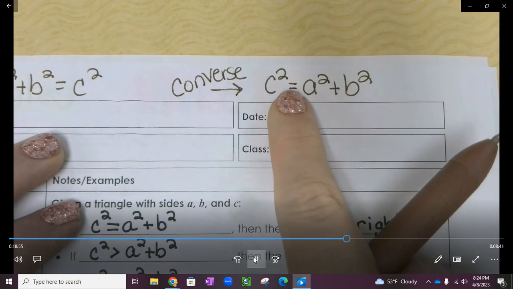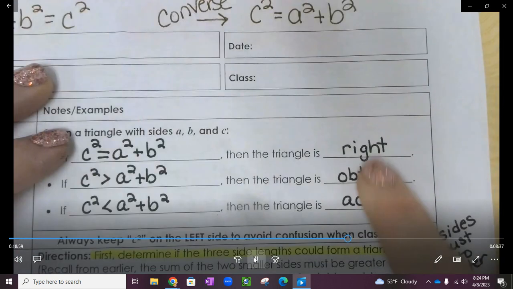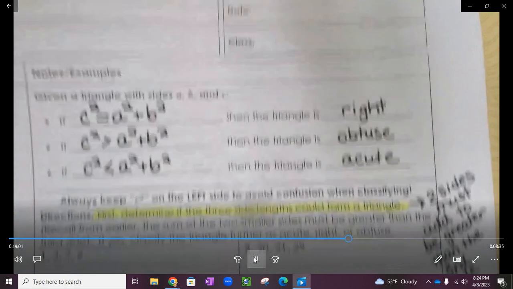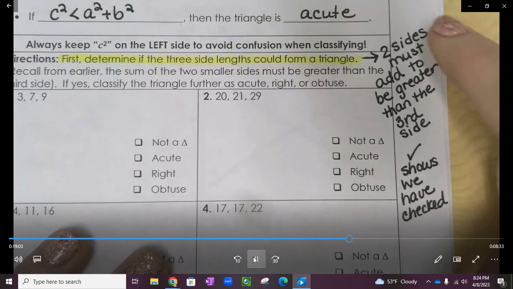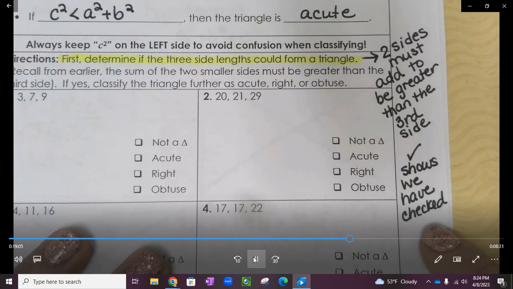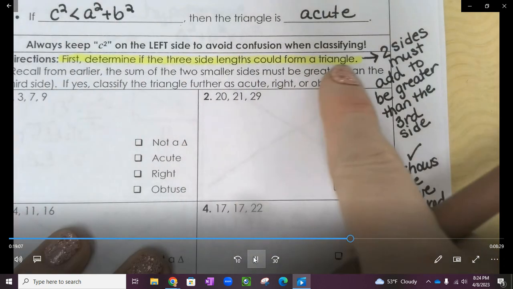Then we're going to test to see if it's equal, greater than, or less than to get our answer right here. A little bit for you to write down. Pause your video, write this down, highlight this line.